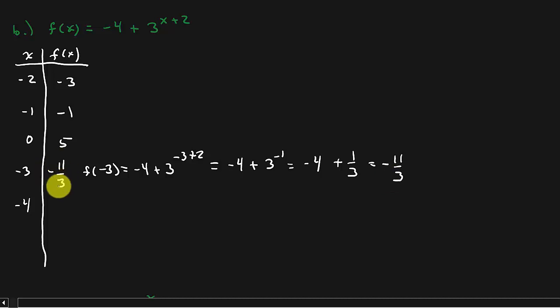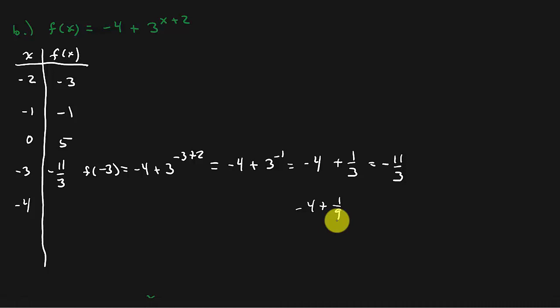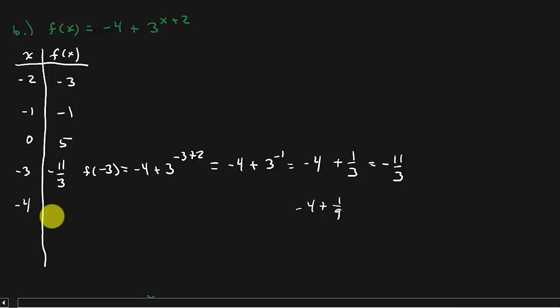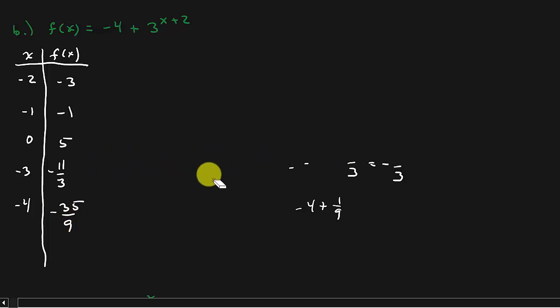So you can see sometimes these things can get a little more difficult. And then this last one, when we plug the -4 in, this is going to come out to be -4 plus 1/9, and that is going to give us -35/9. Okay. All right. So we got all that plugged in.